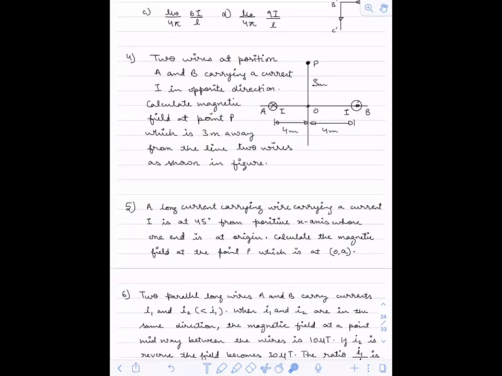Then two wires at the position A and B carrying a current I in opposite direction. Opposite direction means, this cross is the position of the first wire, and this dot is the position of the second wire. So these are the two wires.